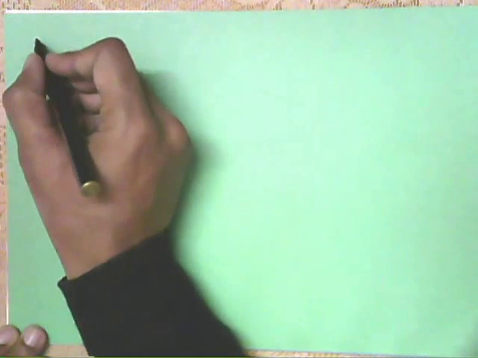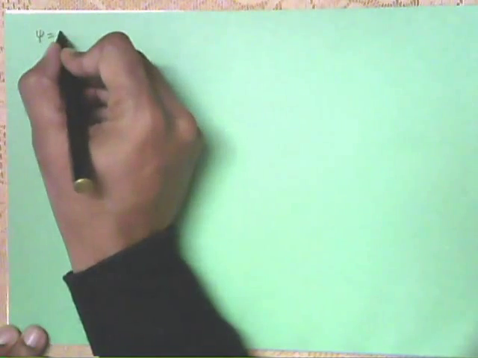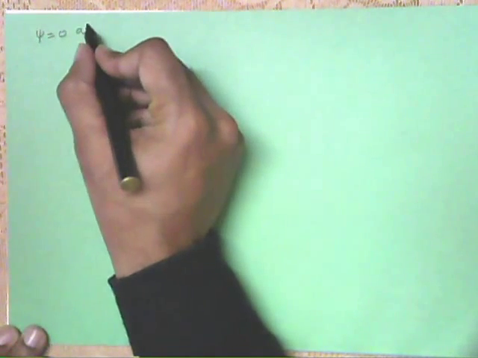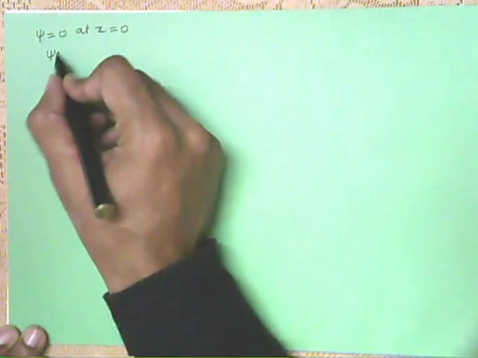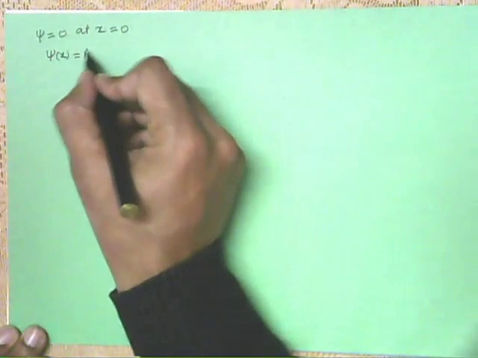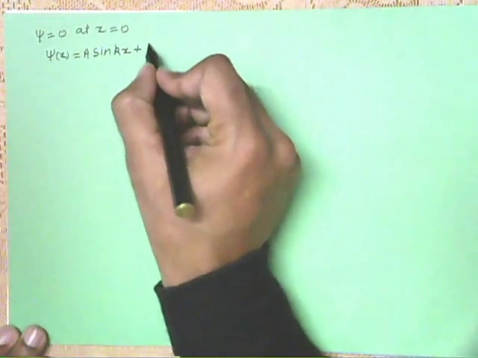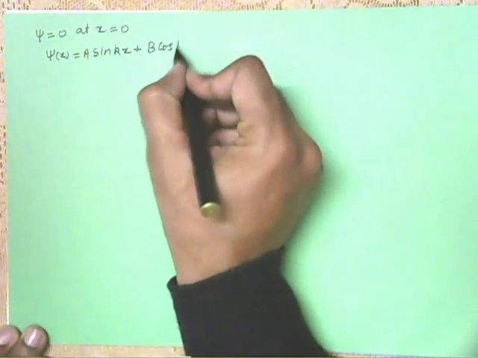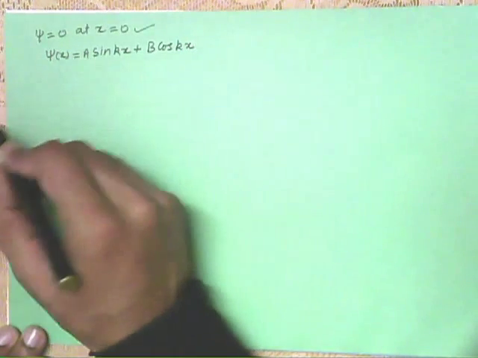So applying the boundary conditions, the first boundary condition is psi is equal to 0 at x is equal to 0. Equation number 4 is psi of x is equal to A sin kx plus B cos kx. This is our equation, and this one is the boundary condition.